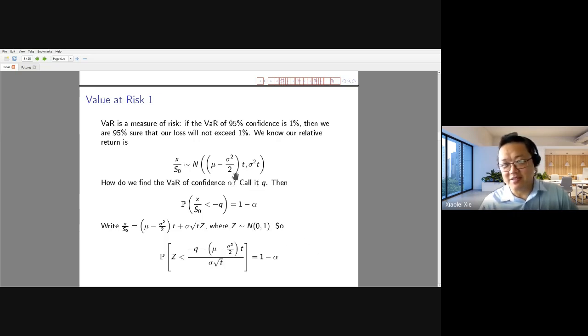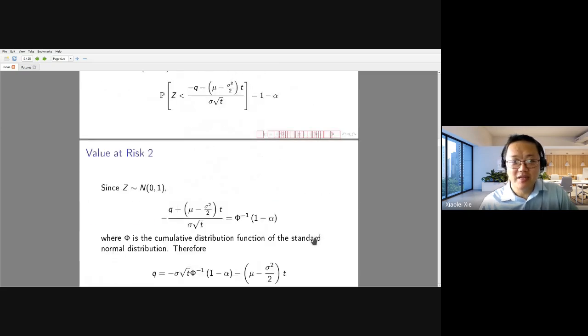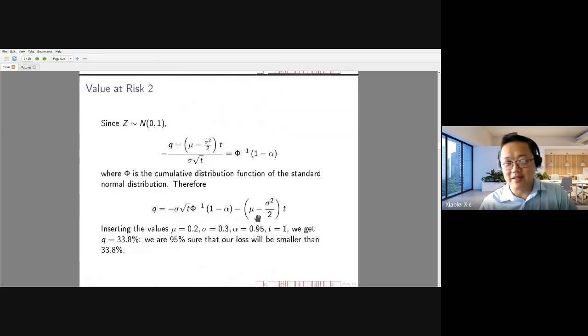So by writing this expression in terms of a standard normal distribution, we can find out what this Q is, which I have just written out here.